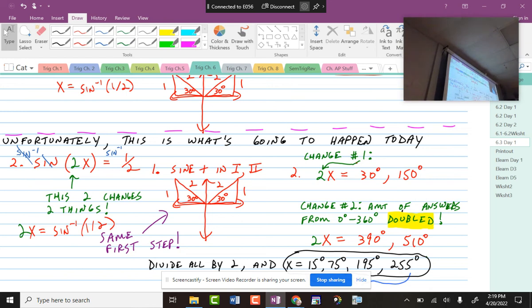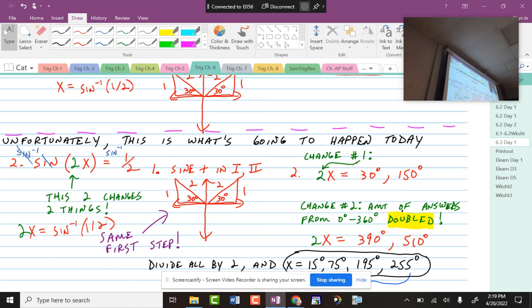So how do I double? What's 390 compared to 30? How much bigger is this? What did I add, everybody? 360. Add 360. Because you know why? 390 is coterminal with 30. They land in the same spot. This is just one more rotation. But watch what happens when you divide by 2. 195 is, anyone?